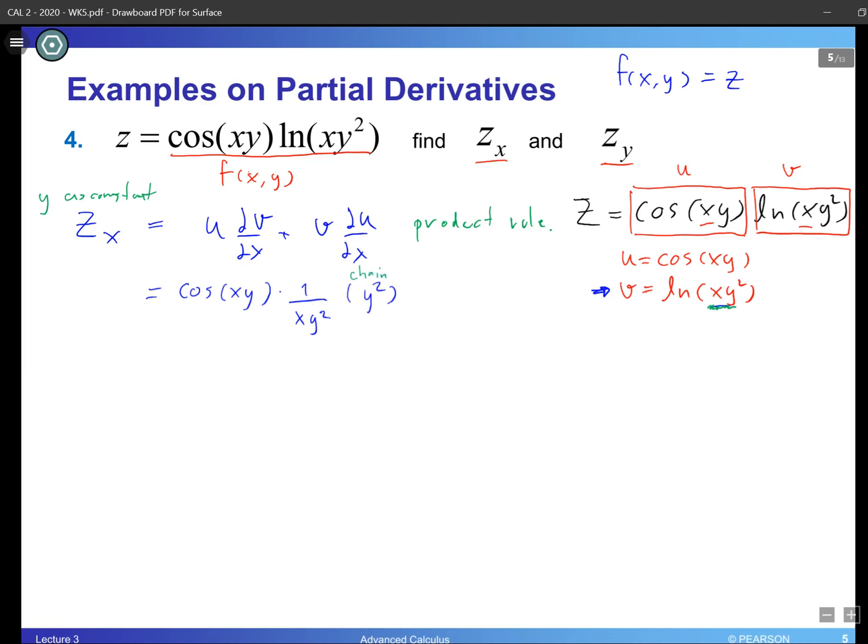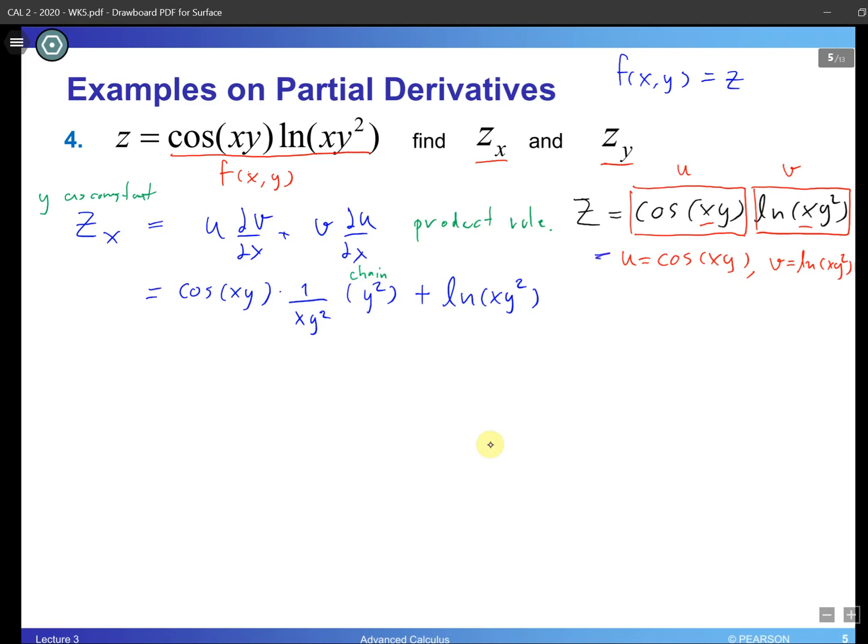Now let's move further. I run out of space, so let me change this. I'm sorry about that. v is equal to ln of xy squared. This is better, so I'm going to bring v right here. It's going to be equal to ln of xy squared. And now I need to differentiate u with respect to x.